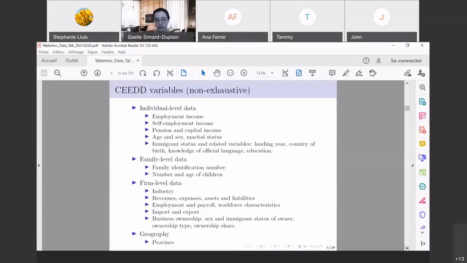There's also import and export information and, as I mentioned, business ownership for all privately owned incorporated businesses and unincorporated businesses. Even businesses that appear through T1s are in there, so you're going to know who owns them. And then there's some geography information: province, but also sub-provincial level geography.